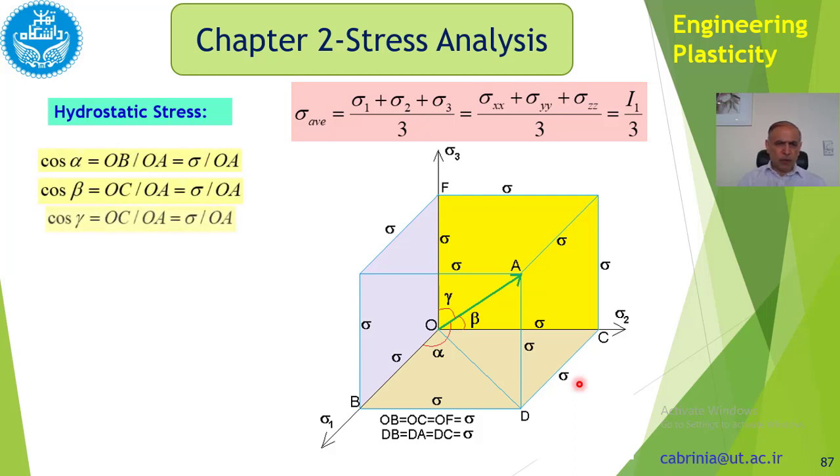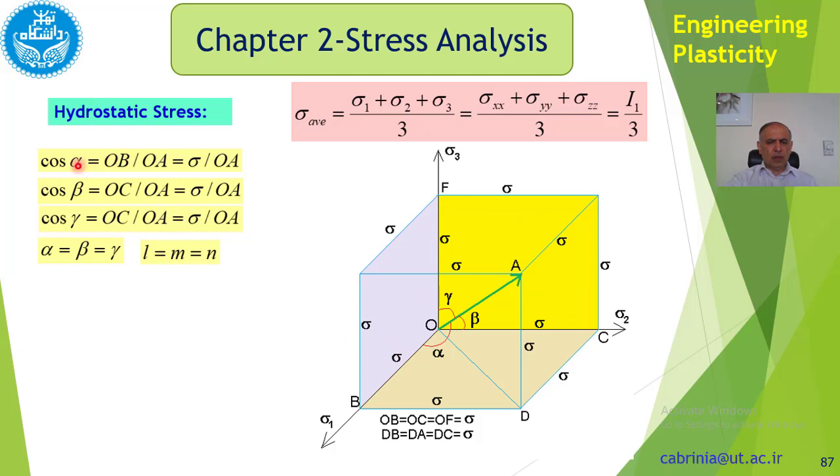Here we can show cos alpha, cos beta, cos gamma. Obviously, this is a cubic element, and we have this sigma all over the place, showing that the state of stress is hydrostatic. It means the stress is equal in all directions.